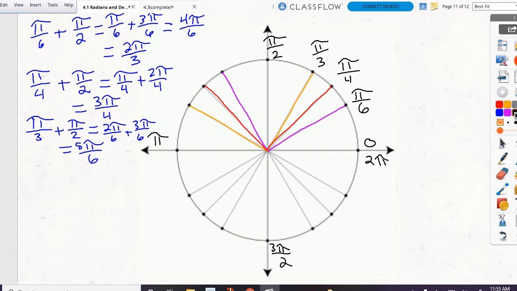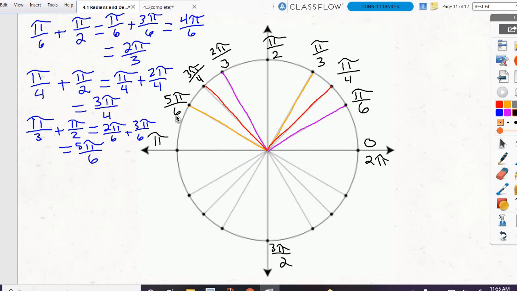Now, what do we notice about our fractions? Is there any type of relationship? Yes, we have the same denominators that we had in our first quadrant. And that's going to be true all the way around. So our denominators for all of our angles are going to be 6, 4, 3, or 2.